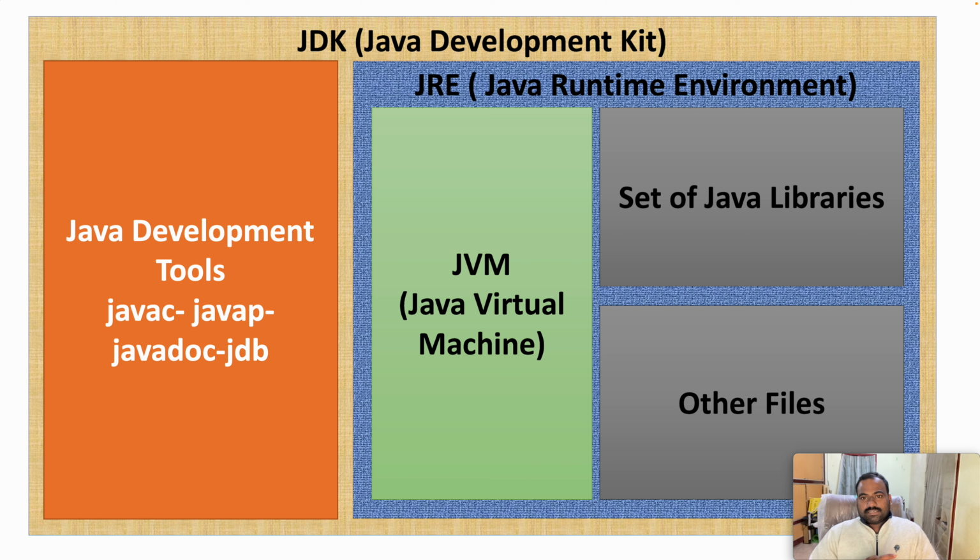There are several JDK versions. The last stable version was Java 19 and above. Before that, mostly we worked on Java 1.7 or 1.8, and now we are moving to Java 11. Likewise, the JDK has many versions.